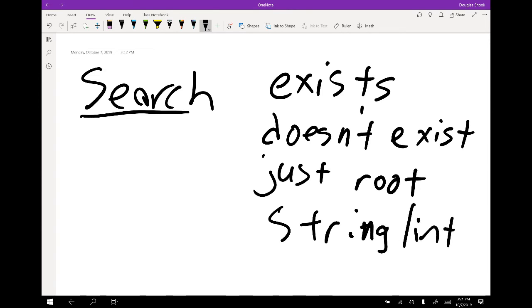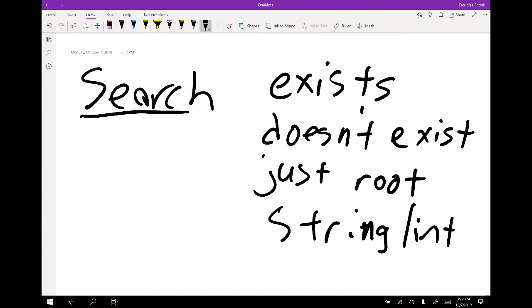But theoretically, our implementation should be accommodating of both strings and ints. Not at the same time. I'm either going to have a tree that works with strings or a tree that works with ints. I'm not going to have a tree that works with both necessarily. But I should be able to have trees that work with any of the data types that we can support.